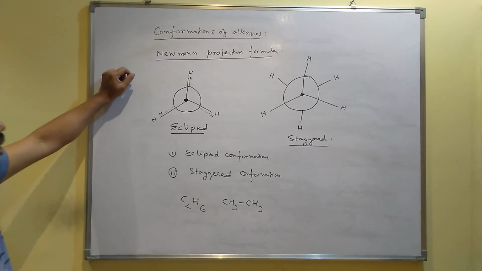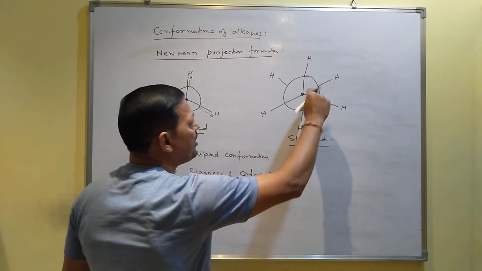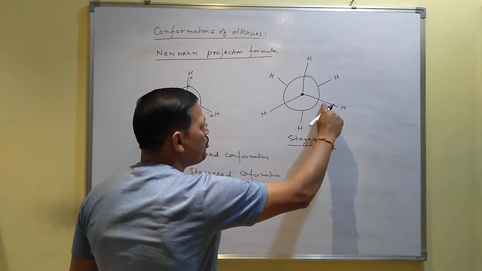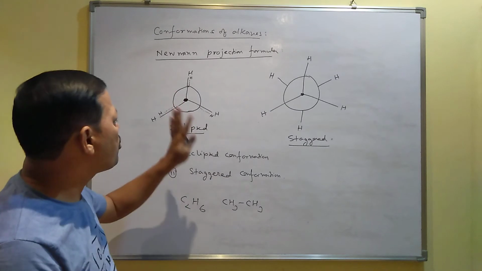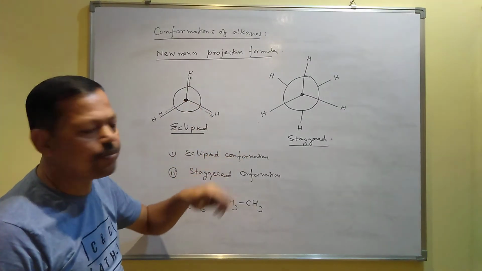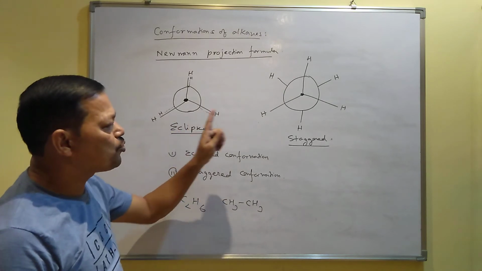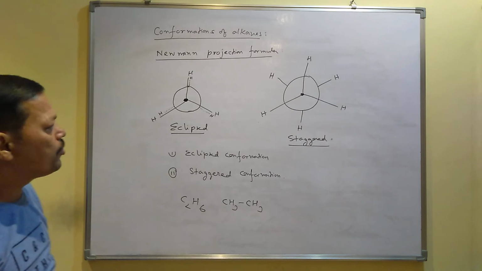Now, if you rotate again 60 degrees, this hydrogen will come to this position, this hydrogen will go to this position. Again you will get the eclipse conformation this way. So ethane can show only two types of conformation, eclipse and staggered, by rotating the carbon-carbon sigma bond.